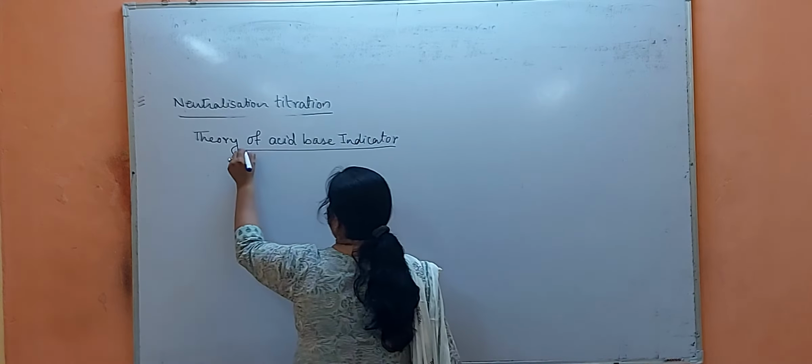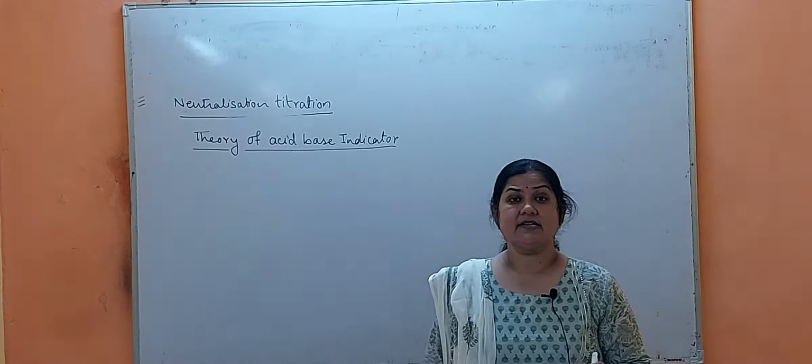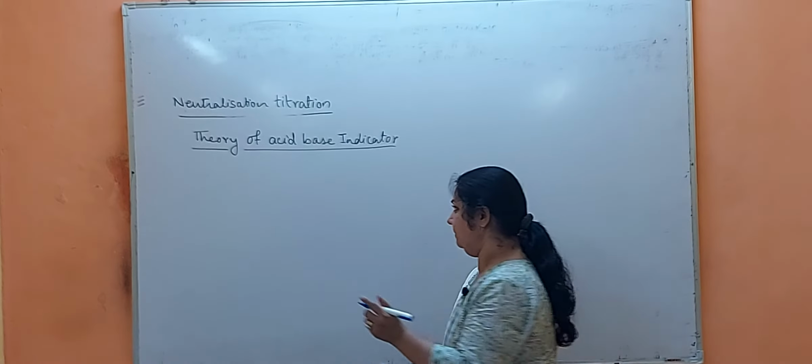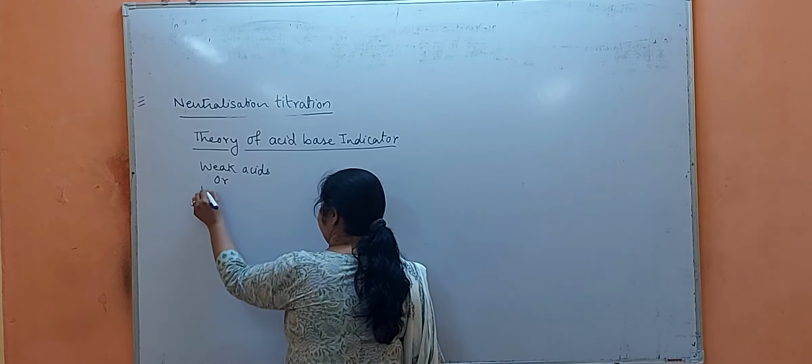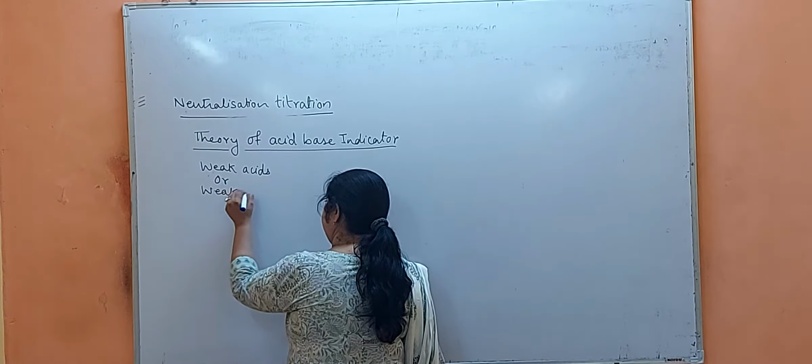Now see, first of all we should know that the indicators are either weak acids or weak bases.